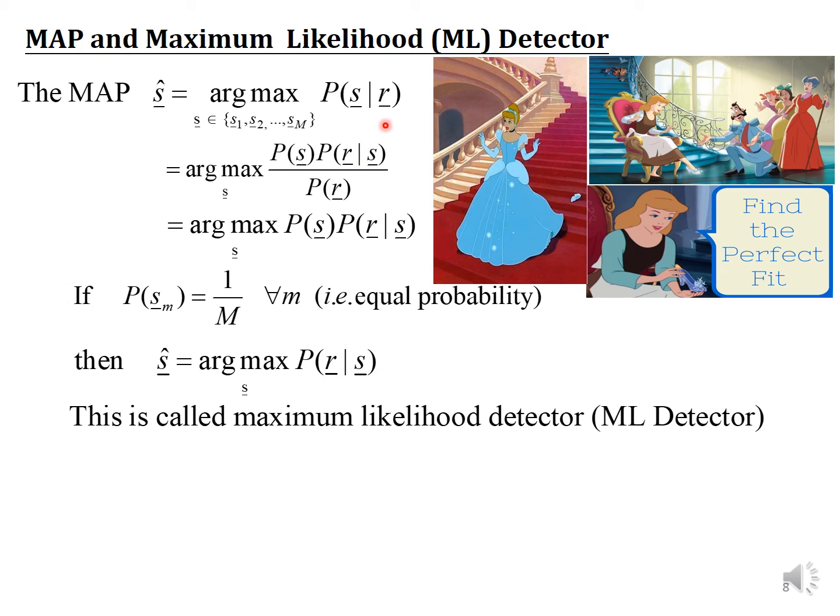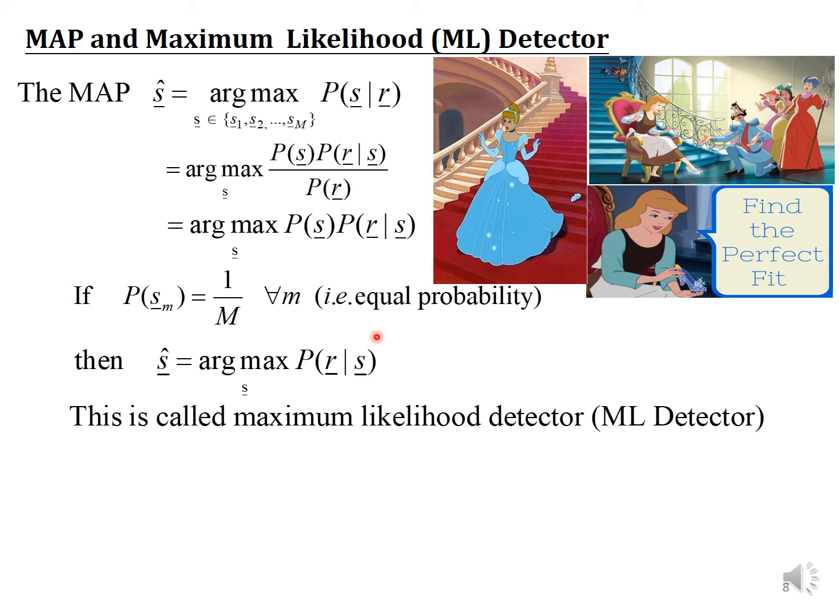Look at this difference. This conditional probability is different. It becomes the conditional probability on each source.